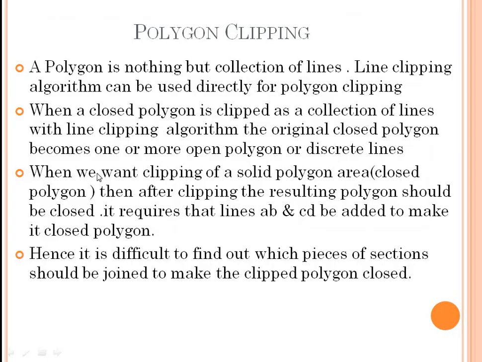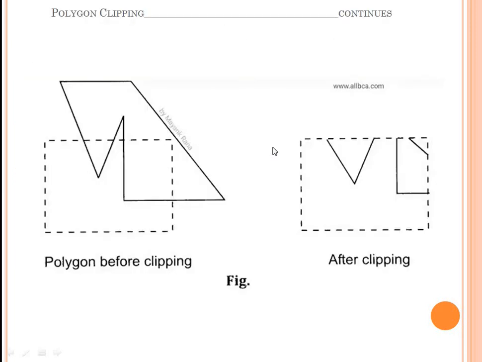So when a closed polygon is clipped as a collection of lines with the line clipping algorithm, the original closed polygon becomes one or more open polygons or distinct lines. After clipping the polygon, the polygon is open, that is, there are distinct lines.